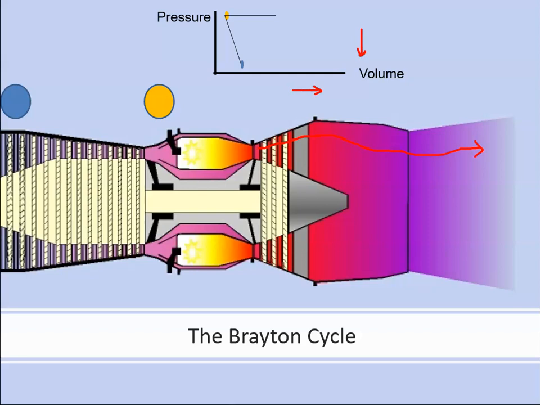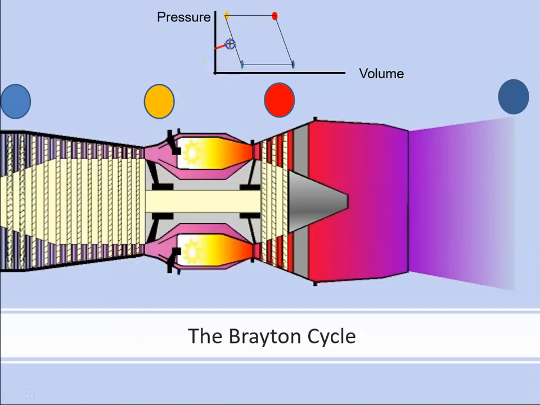And when that happens, the air expands until it gets to the same pressure as it was when it came in, and then it goes further downstream. So off to the right here, the air will then go back to its original state, and then the cycle can repeat itself. So that's the Brayton cycle.